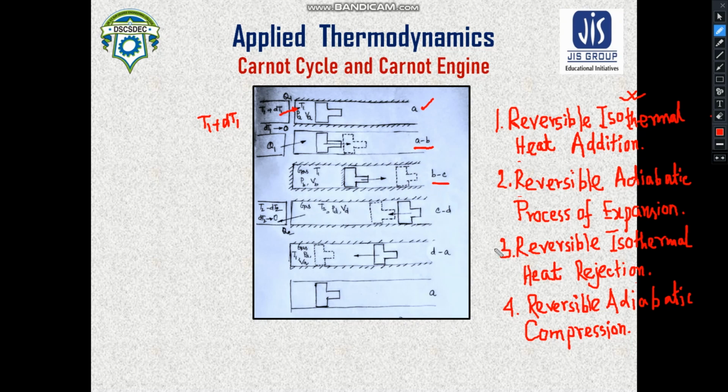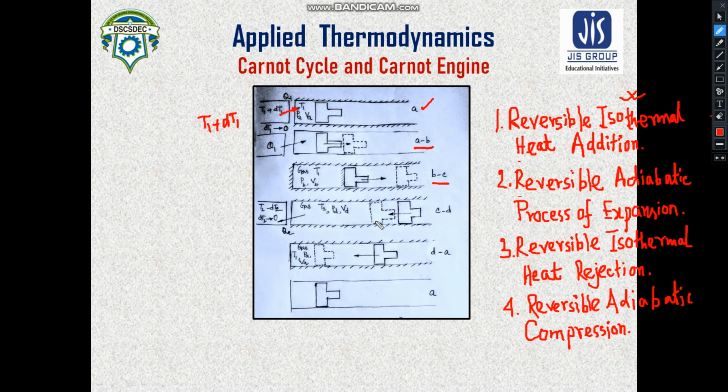Again it is easily identifiable: if heat is getting rejected, then the temperature will obviously drop, but you need to prevent this because of the isothermal condition maintained here. So when the heat is getting rejected, you will very slowly compress the gas so that the temperature is maintained at the same value.